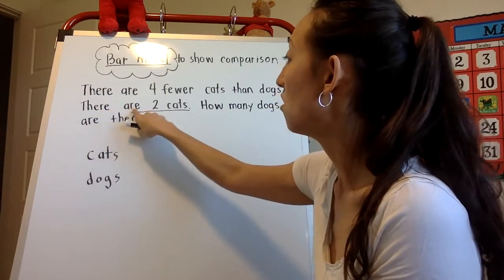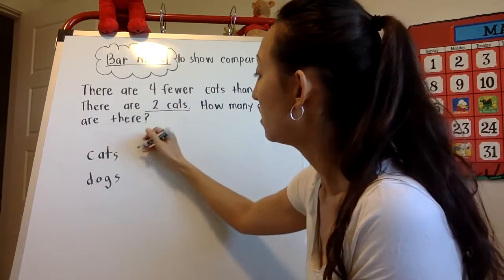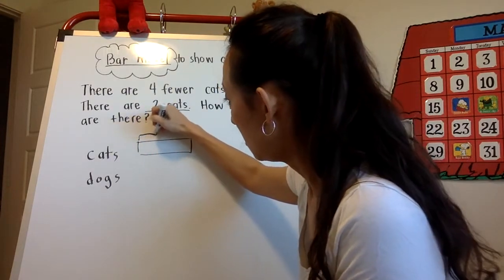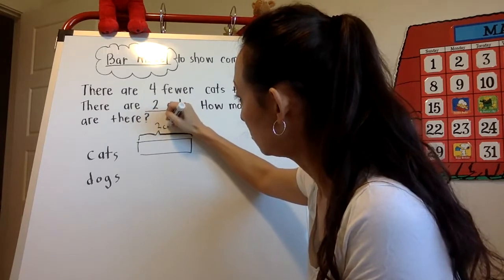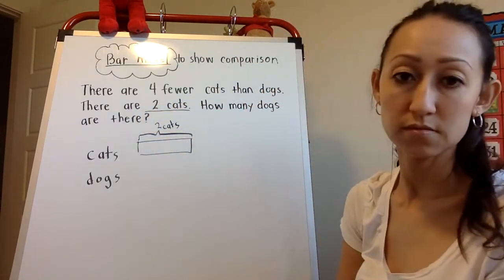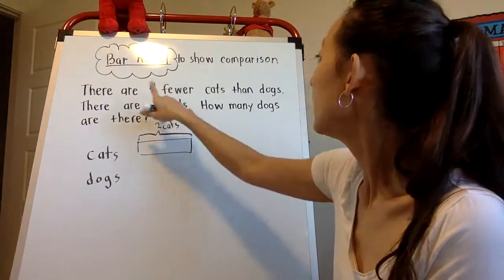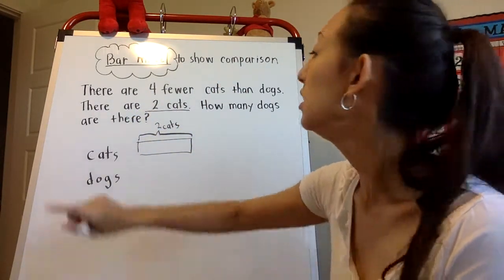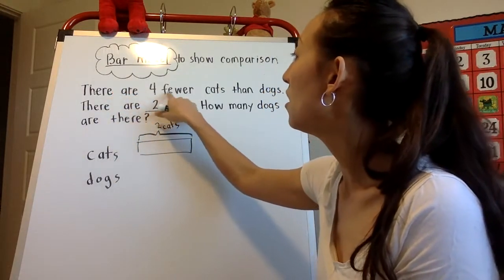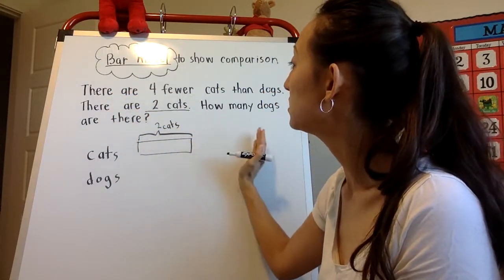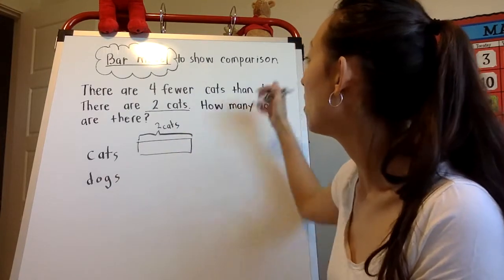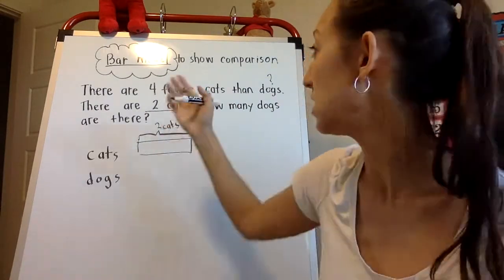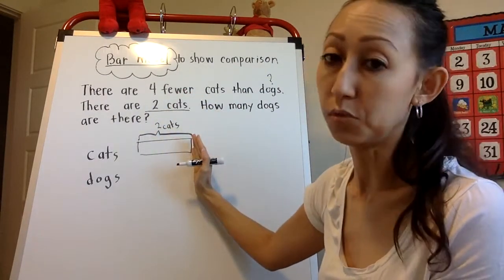It says there are 2 cats, so I can go ahead and draw a bar that represents 2 cats. Next, I'm trying to find out how many dogs there are, but I don't have that answer, but I do have a clue. It says there are 4 fewer cats than dogs. So when reading that, I know that there are going to be more dogs, because cats have 4 fewer.